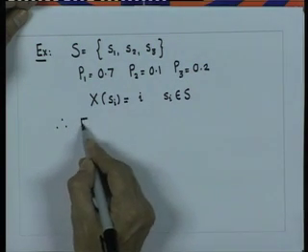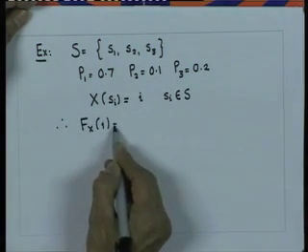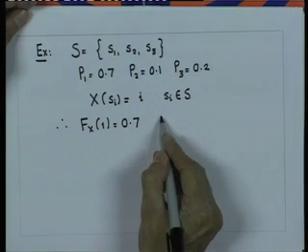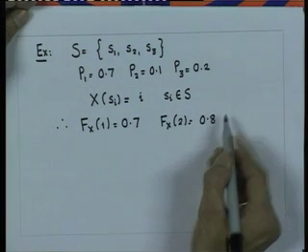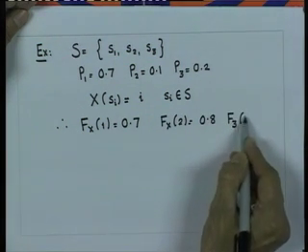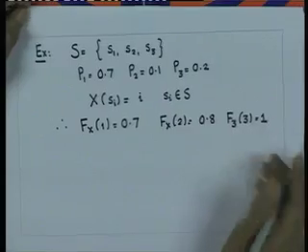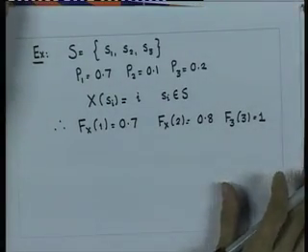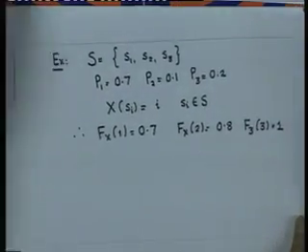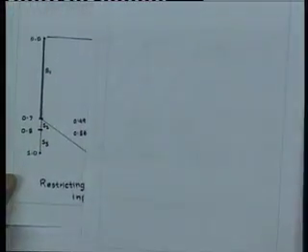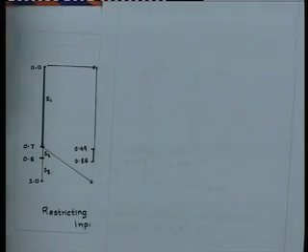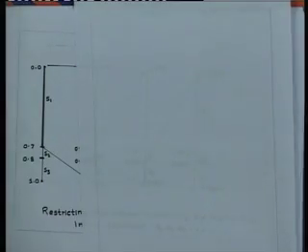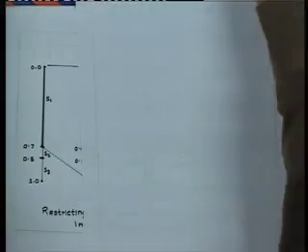Therefore, F_X(1) is equal to 0.7, F_X(2) is equal to 0.8 and F_X(3) is equal to 1. Now, this partitions the unit interval as shown in the figure.